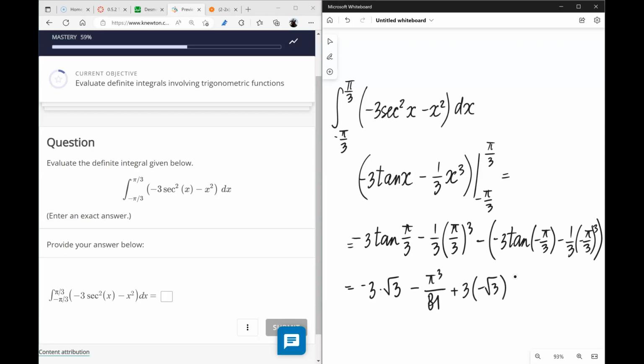And here we have minus minus plus, but we have another minus, so it's going to be another pi cubed over 81. So the final answer is negative 6 root 3 minus 2 pi cubed over 81.